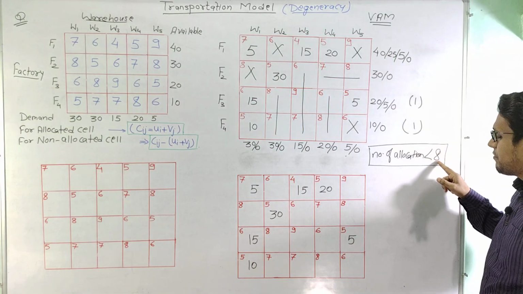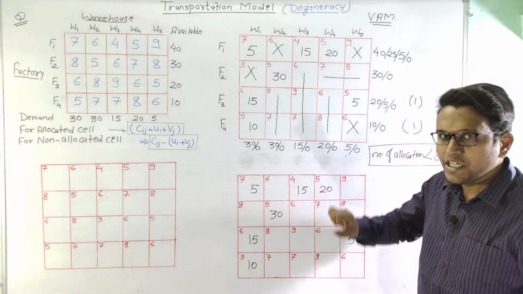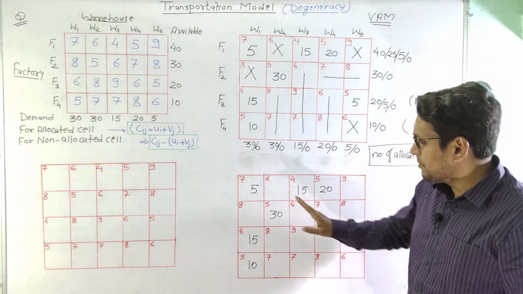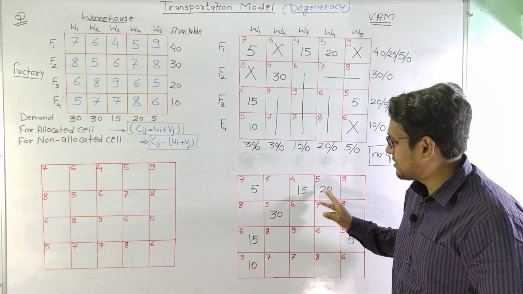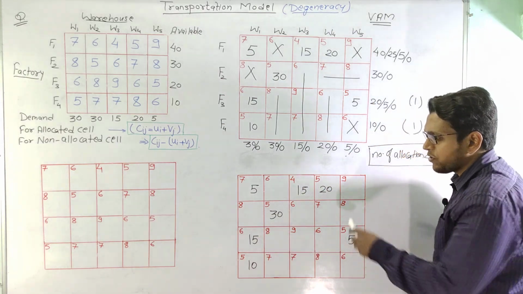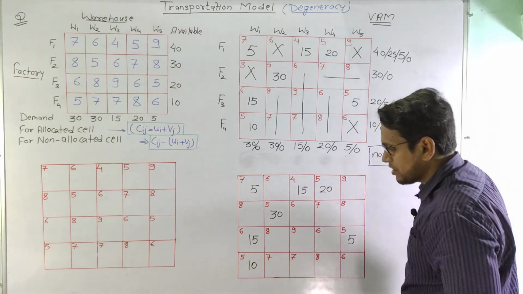That means total number of 8 allocations has to be there so that we can proceed. At the moment we have 7 independent allocations here because they are not forming loop with each other.